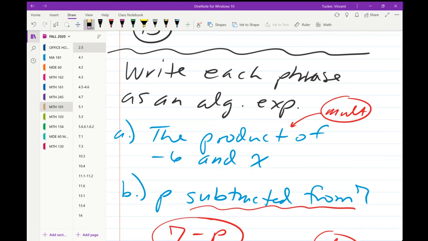In this case, it's product. Product means multiplication. So basically, all you're doing is multiplying negative 6 and x, and that'll be good enough. A couple different ways you can represent the multiplication. You saw the dot. You could do that as well, but the simplest way is negative 6x.